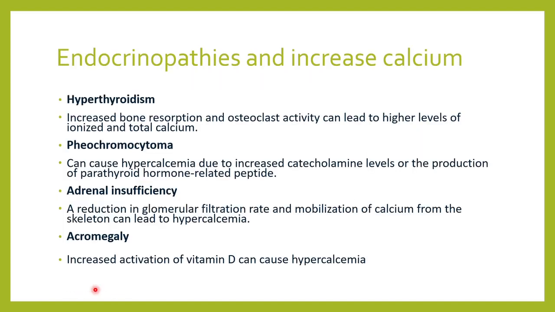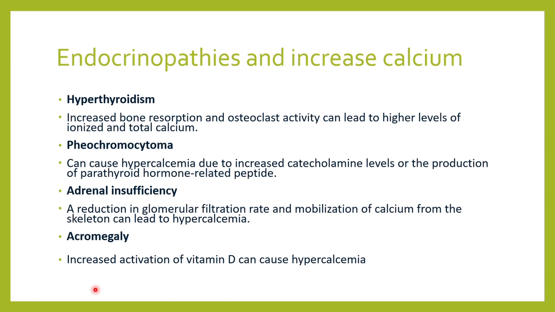In hyperthyroidism, there is increased resorption of the bones because of the increased osteoclastic activity, and that can lead to increased calcium. In pheochromocytoma, there are increased catecholamine levels, or there is a secretion of parathormone related peptides, which can again lead to increased calcium.